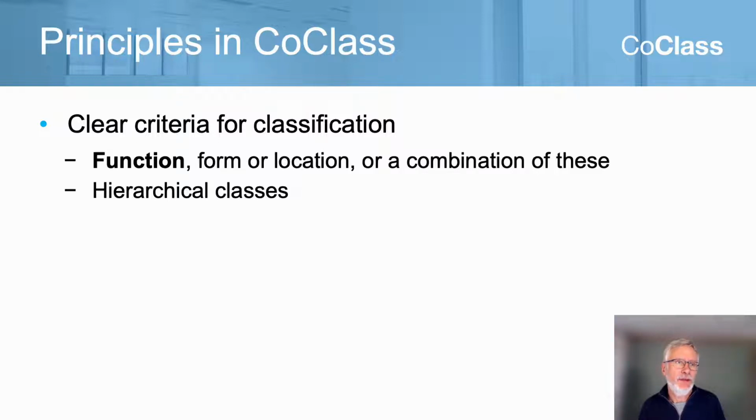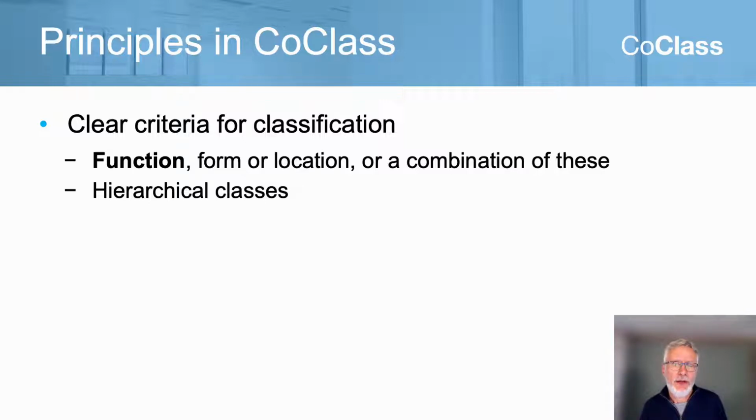You can say, for instance, a function being a wall enclosing a space. You can have form, how it's constructed, if it's concrete or wood or whatever, or location. You can say this is an exterior wall or an interior wall, and you can combine them in a way, but you always start with a function.